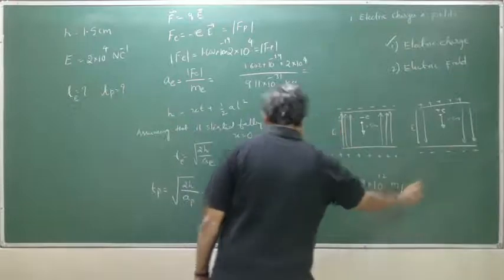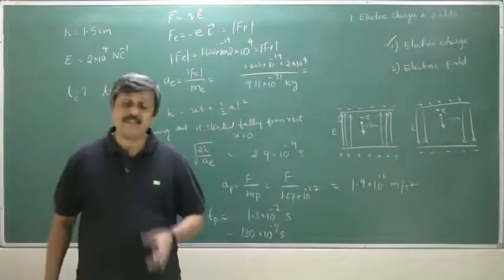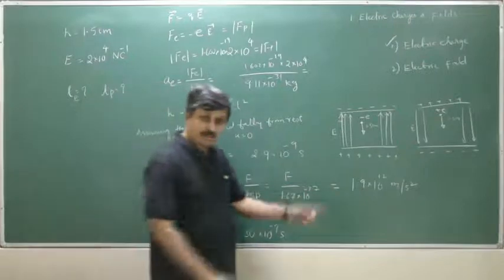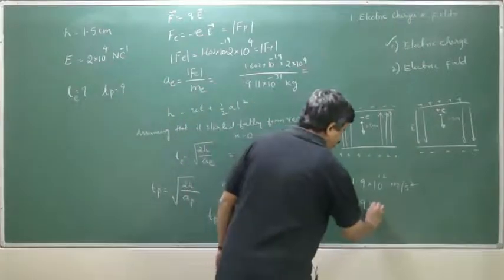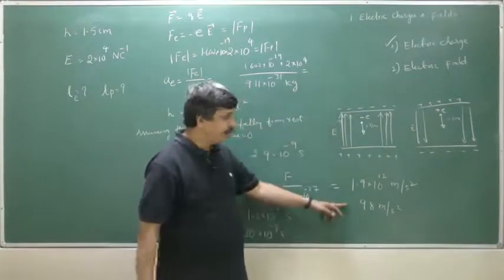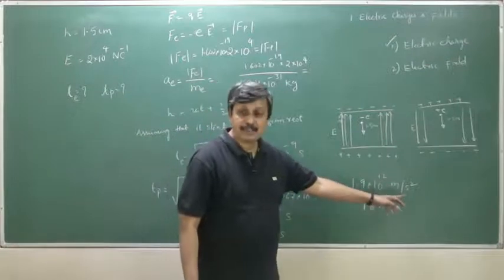Can you see this? Generally, because of the gravitational force, the acceleration due to gravity will be how much? 9.8 meters per second square. Here you see 1.9 into 10 to the power of 12 meters per second square.